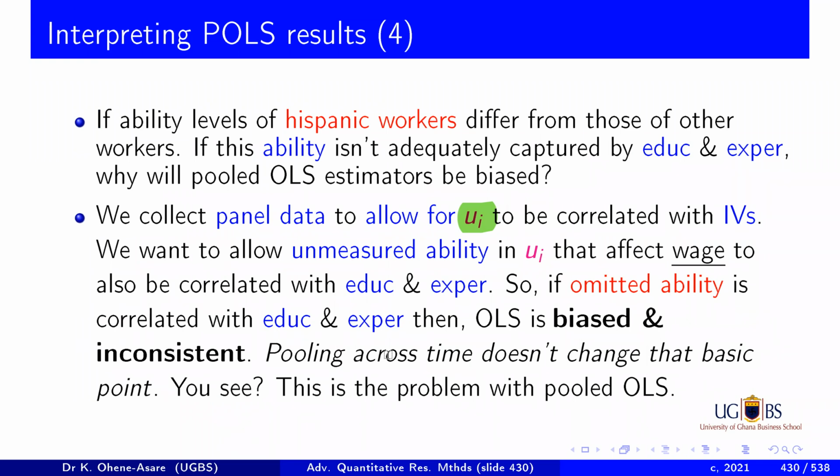Somebody's asking a question, says the interpretation of the R square is not clear. Okay. The R square tells you how much all the independent variables are affecting the dependent variable. It tells you the variation in the dependent variable as a result of the variability in all the independent variables.